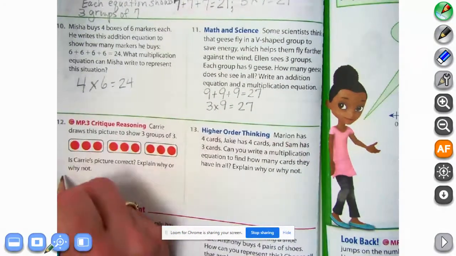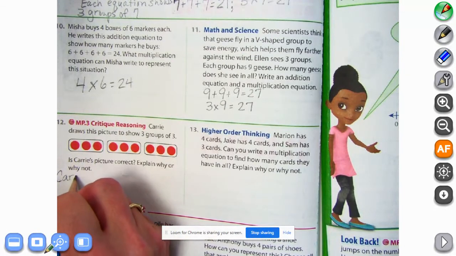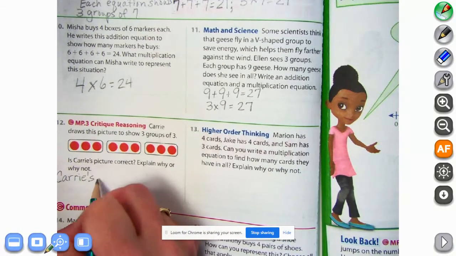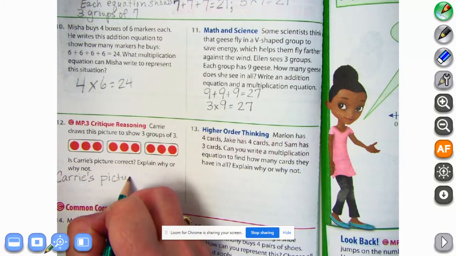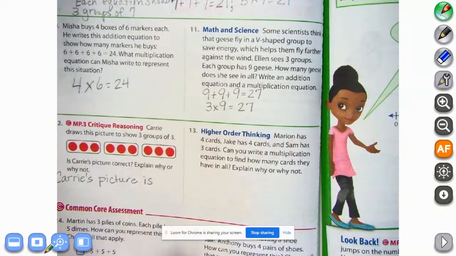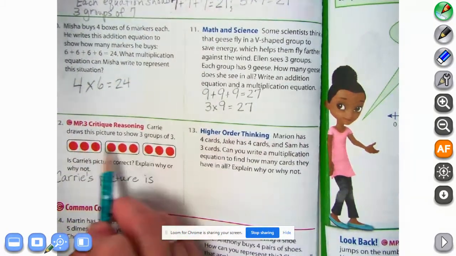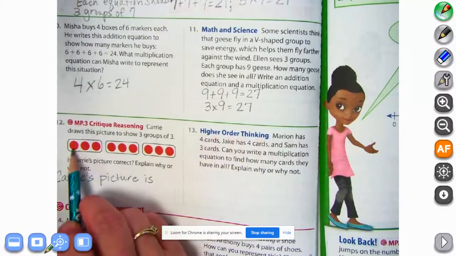Okay, so Carrie's picture, I'm going to start my sentence, is, and so I'm going to look at this, 3 groups of 3.